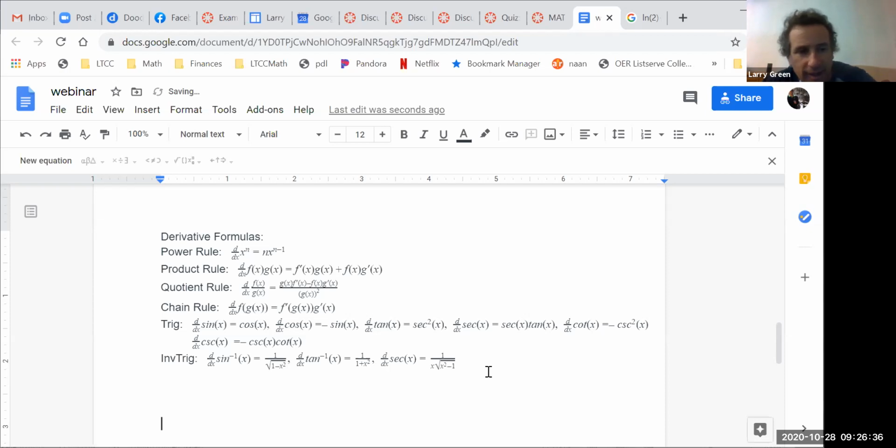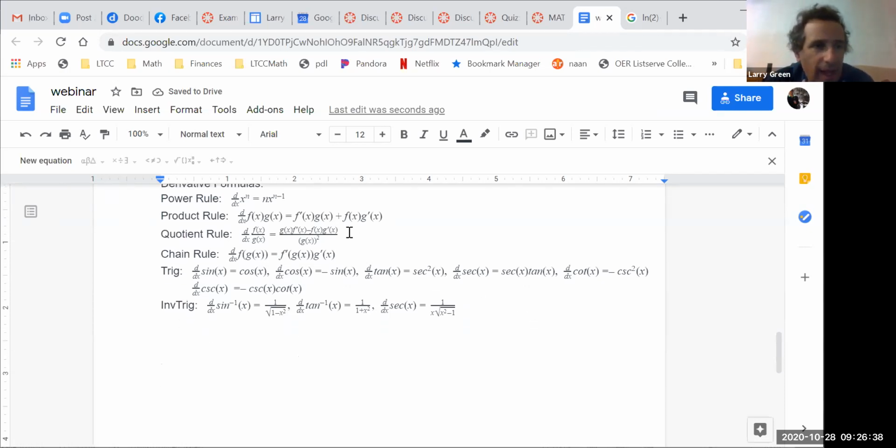I'm going to write it down here. If you want to look at the cosine inverse and understand it, what you can do is the old switch the x and y and solve. So you can say that x equals cosine of y. Any questions on that?